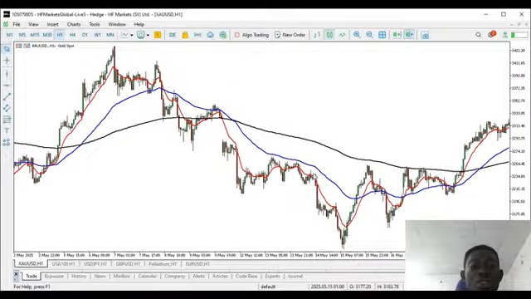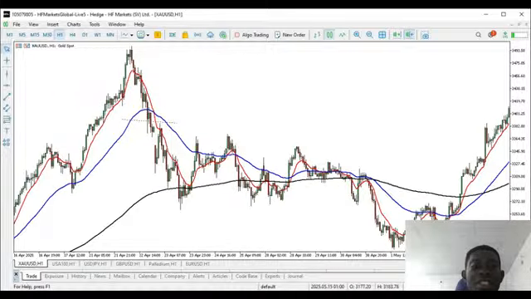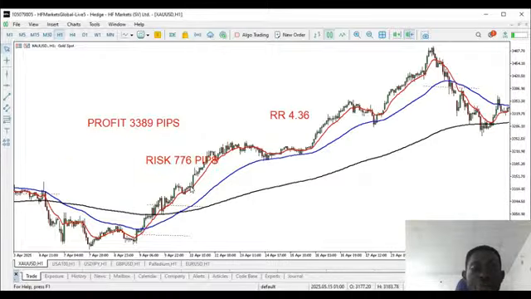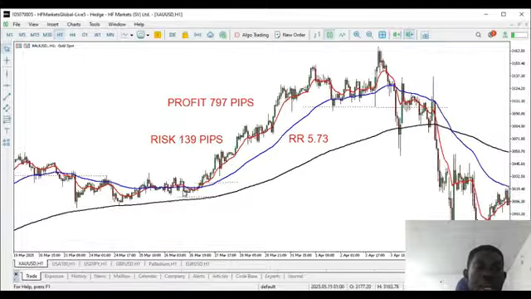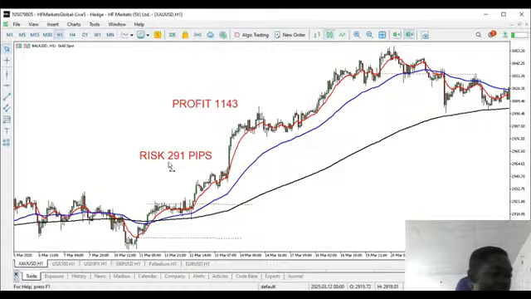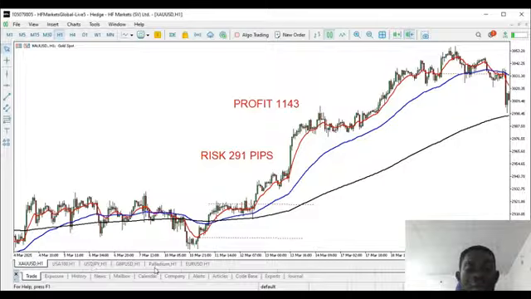And if you use this moving average crossing, you can be sure that you will catch a lot of pips. Then number two is NASDAQ, USA 100. It also stays trending most of the time. And then we have GBP USD.